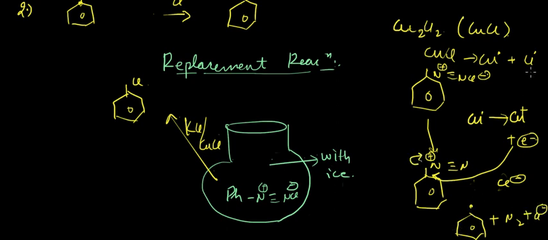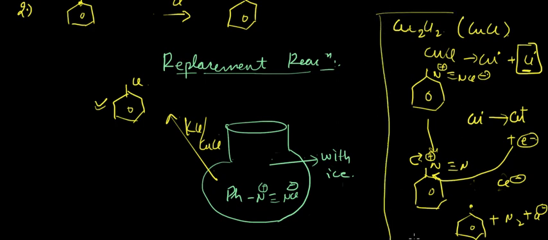Now this Cl dot, which is also a free radical, will combine with the phenyl free radical to form chlorobenzene. So this is a rough mechanism which could have happened; the exact one is not clear. This is the approximate mechanism via which the reaction could have happened.